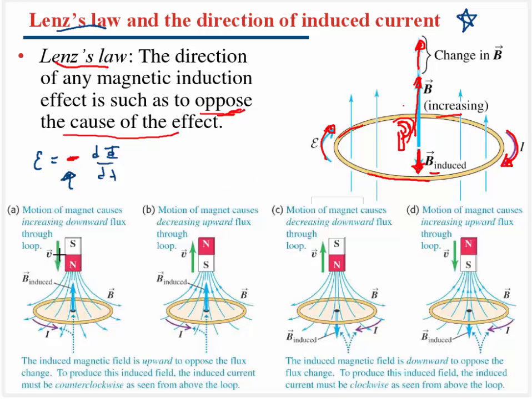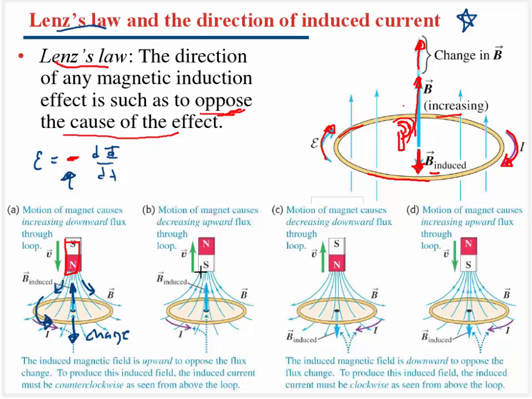Let's take a look down here where we're going to have a magnet that's falling through a coil of wire. We know that the magnetic field always points away from the north end, and so as it falls into the wire, the change is going to be in the downwards direction. So the induced magnetic field must therefore be in the upwards direction. Point your thumb, curl your fingers, and you can see that the induced current must be in that direction.